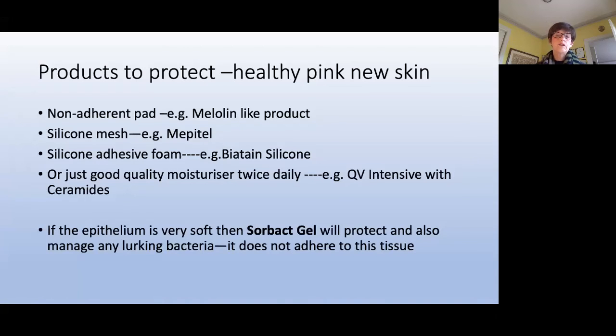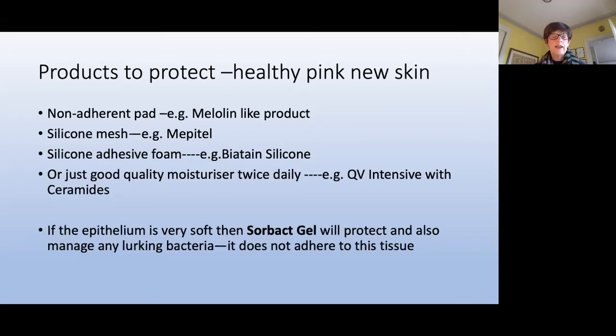So let's have a look at the tissues and what their aims are. If we talk about pink tissue, that's that new epithelium, our aim is to protect it. So yes, simple non-adherent products like Melolin could be used. Mesh dressings could be used, such as Mepitel. Silicone foams could be used, such as Biatain Silicone.